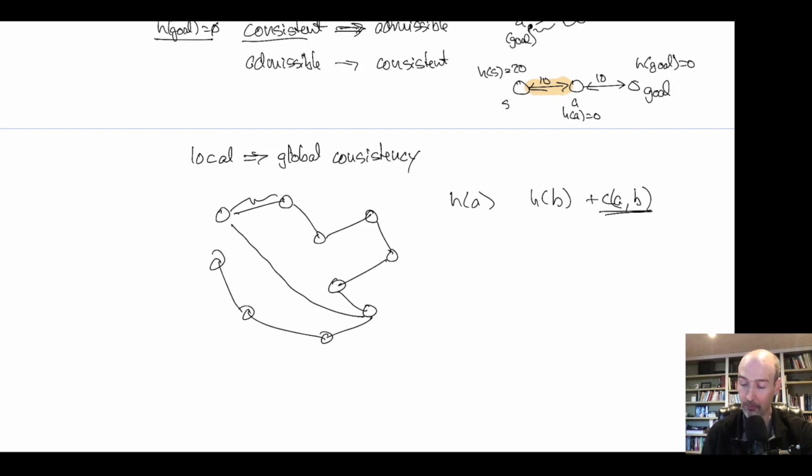So in a directed graph particularly, if I'm going from some A to B, I actually have to reason over the optimal path to show that this holds over the entire state space. Okay, that's getting a little into the weeds, but hopefully this gives you an intuition of what consistency is doing.